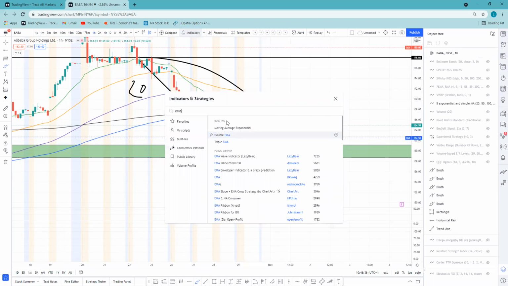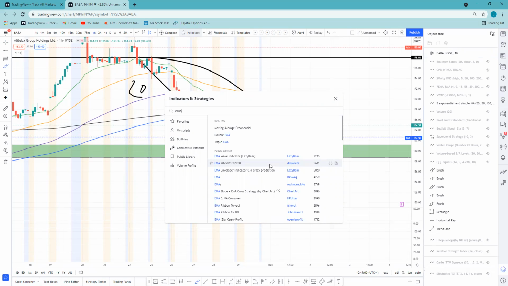When you put the built-in one, you only get one indicator. But when you look for this one, 20, 50, 100, 200, you get around 4 in one. So you can plot 4 EMAs in one indicator. That way you are minimizing the use of indicators.